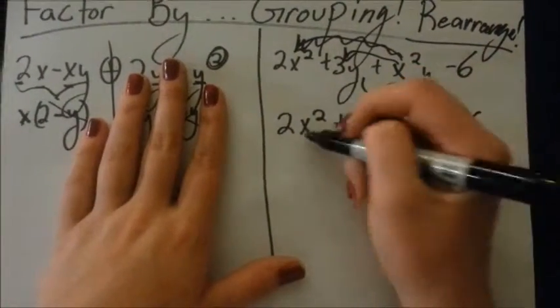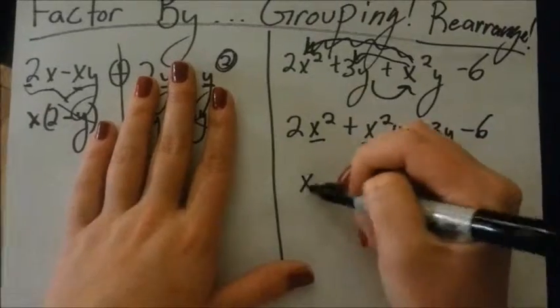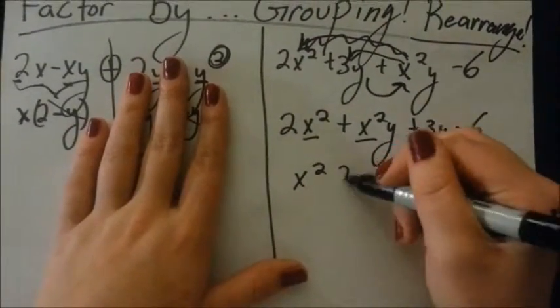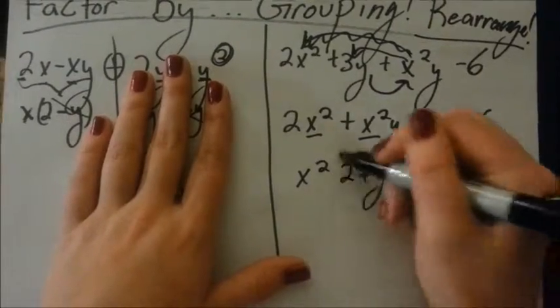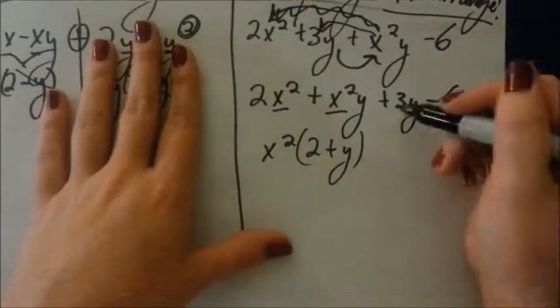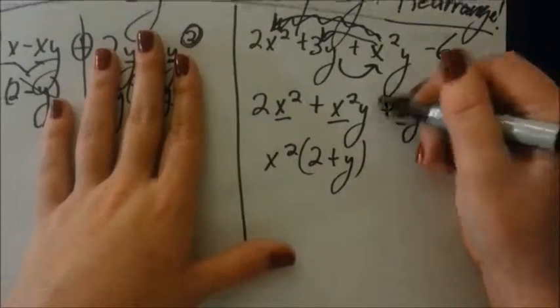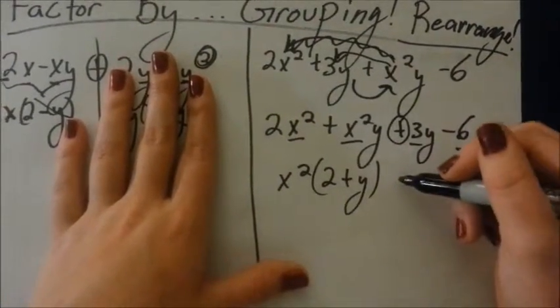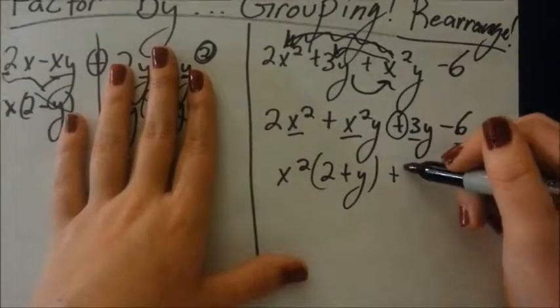So you're going to take the GCF as we have before. Here it's going to be x squared. Now we have left over a 2 and a y. So it's going to be 2 plus y. And here our greatest common factor is the 3. And we're going to take the positive here and 3 there. So plus 3.